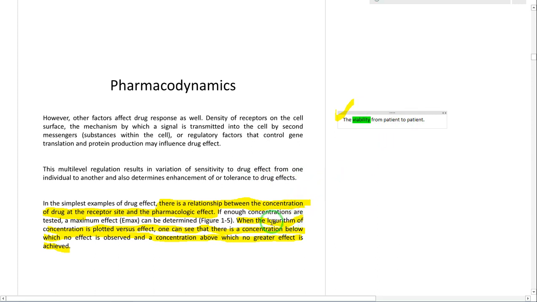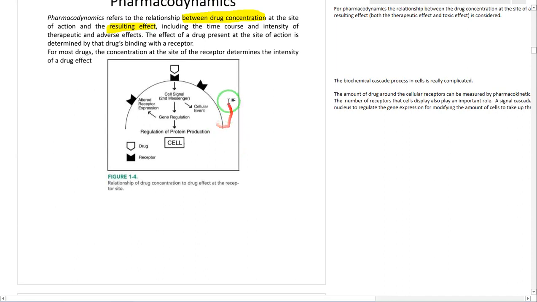On the other hand, if we just plot the amount of drug in the vicinity of the receptor, which comes from the pharmacokinetics, I told you that from the pharmacokinetics we will get the information about how the drug is going to be distributed.